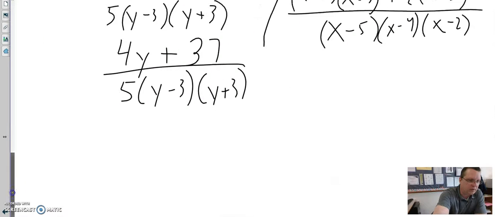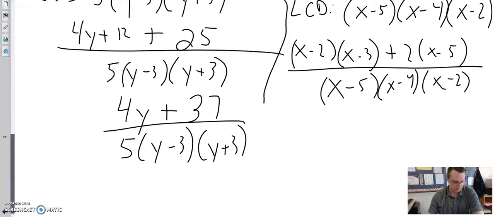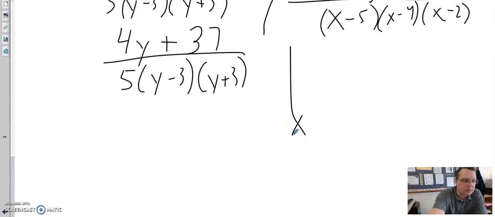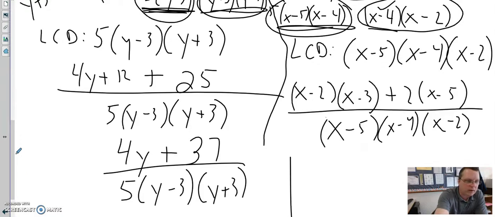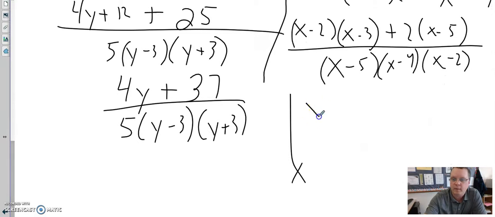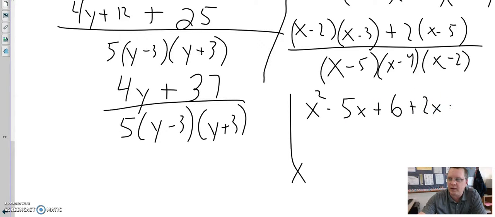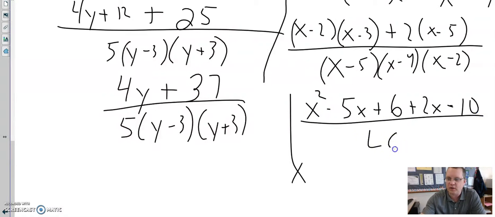Okay, so then you're going to use the box, double distribute, whatever you use. And we would get x squared minus 5x plus 6 plus 2x minus 10. Okay, and this is all over the LCD.